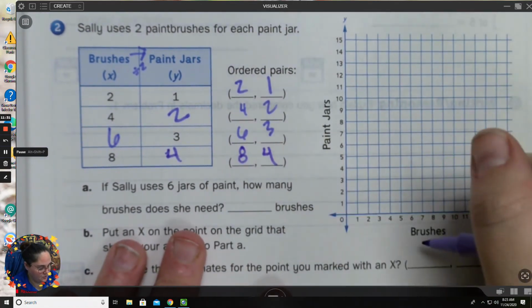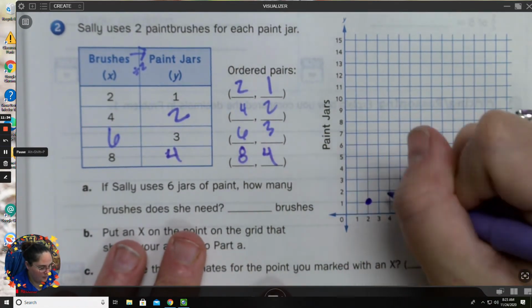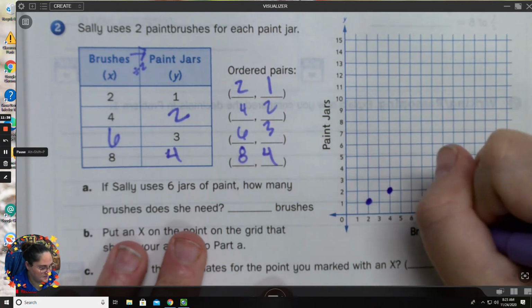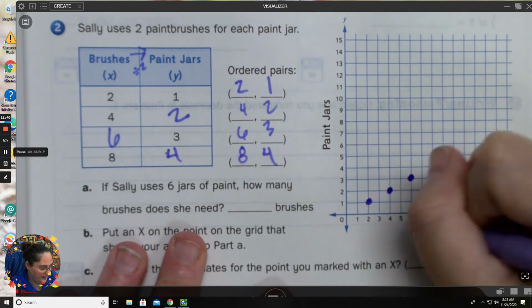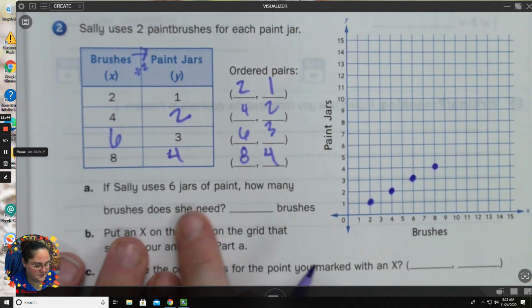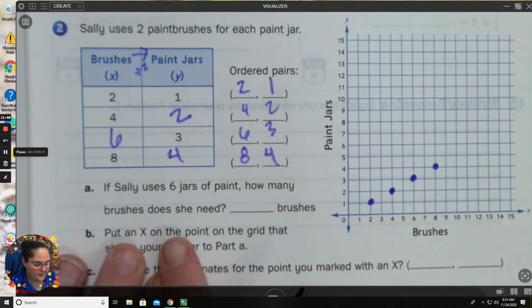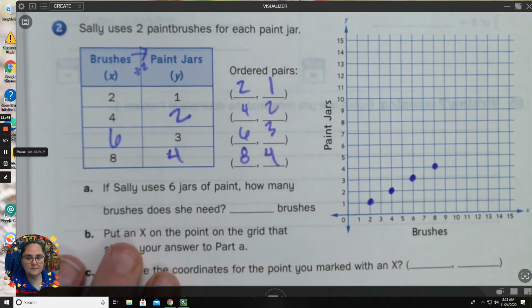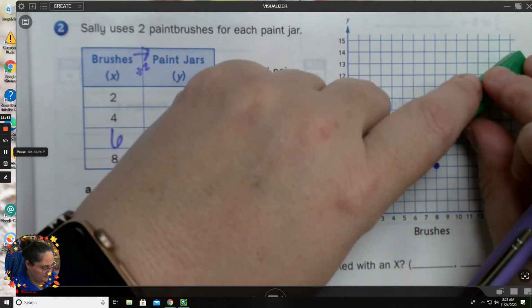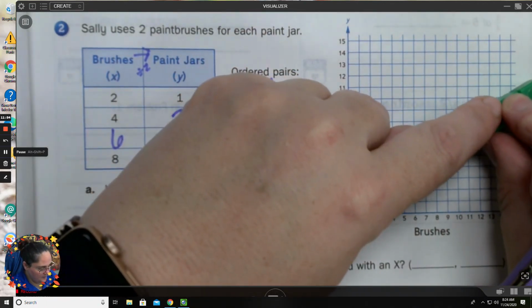Here we go. 2, 1, 4, 2, 6, 3, 8, 4. If Sally uses 6 jars of paint, how many brushes does she need? I'm going to go ahead and draw my line, and I'm going to see if I can figure it out.